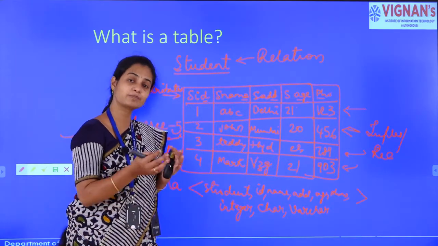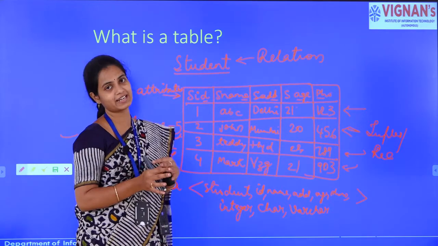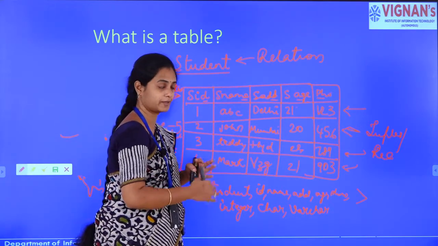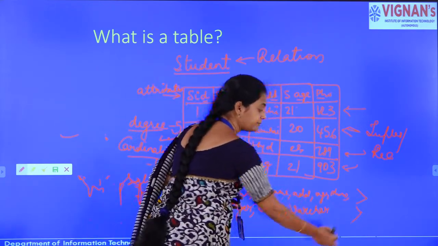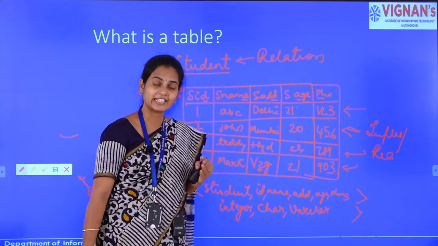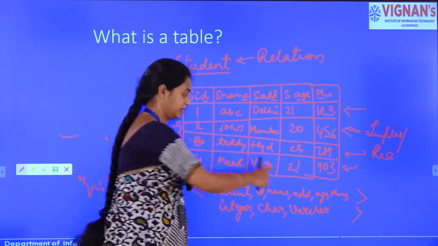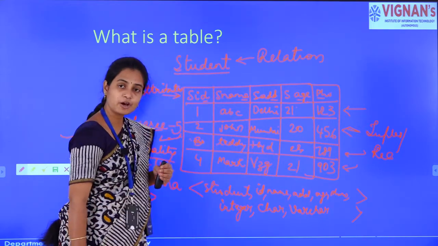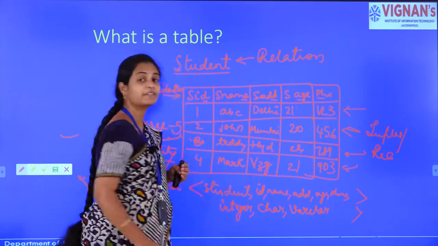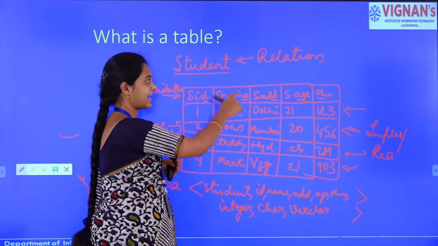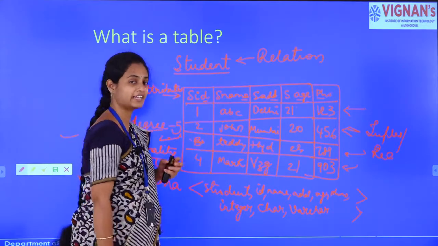Variable character means both integers and characters can be included, right? So in this way the schema includes the name of the table, the attributes of a table, and also the data type of each attribute specified in a relation.